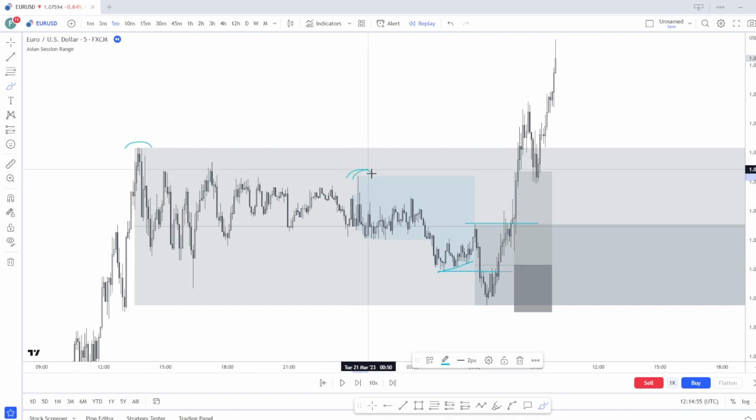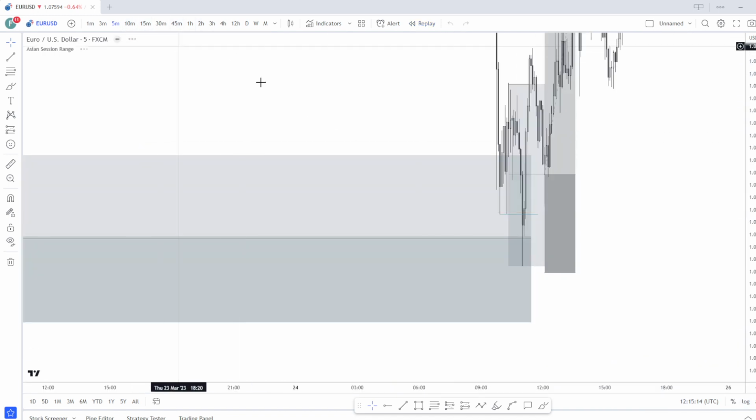I know that this and this is a magnet for price, and if we're showing a clear change in order flow, then I'm going to be longing to that liquidity. So this was the second entry. Let's move on to the next.